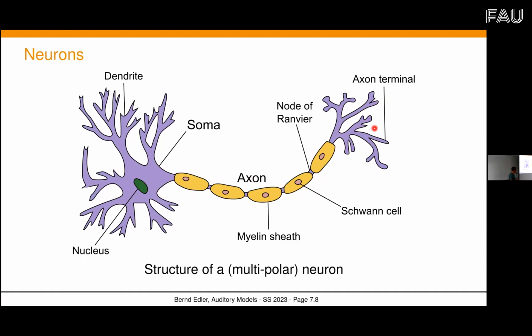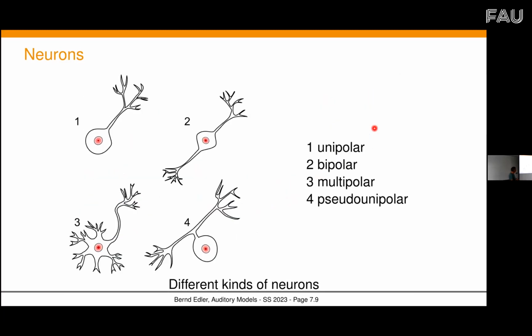But this is not the only way neurons can look. You can have unipolar, bipolar, multipolar, and so on. It depends on if there are more or fewer sensors, or what their task is, if they also control some muscles and so on.